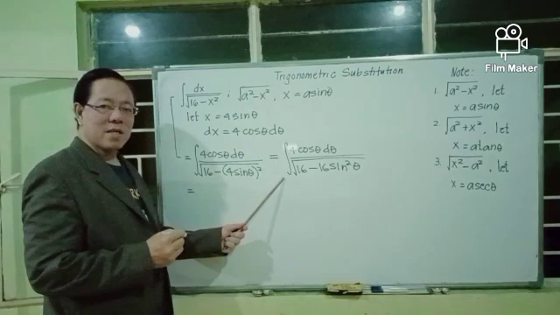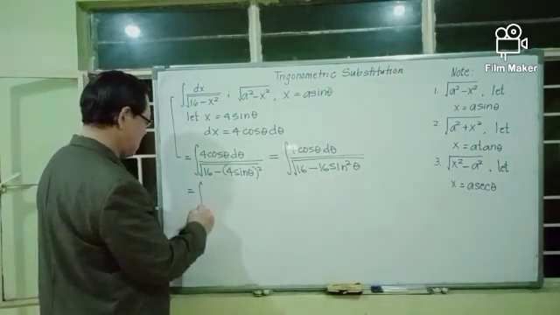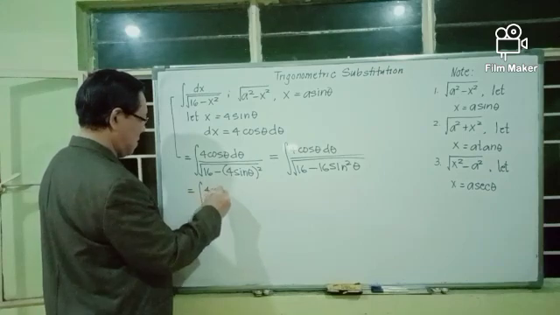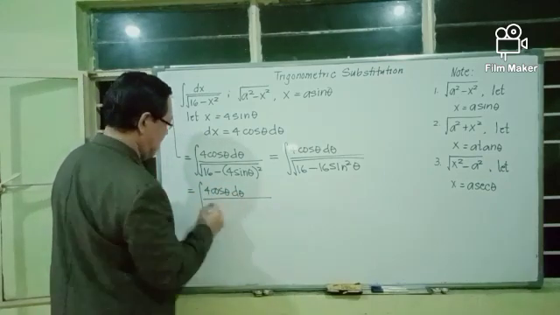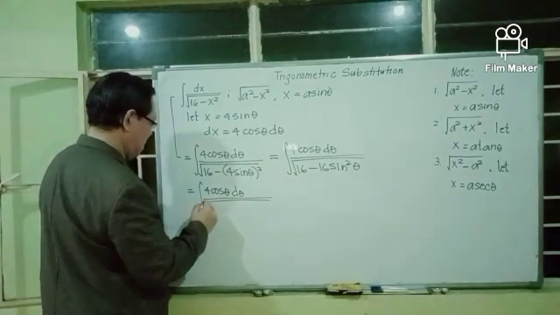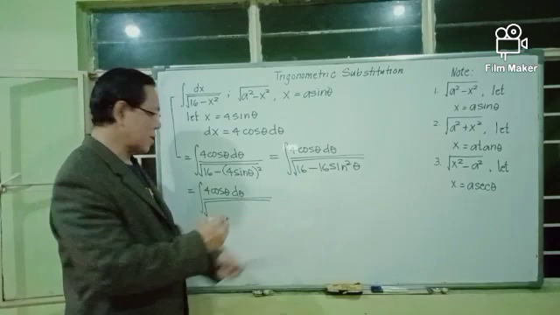And we get the integral of 4 cosine theta d theta, and we factor out 16. The common factor is 16.